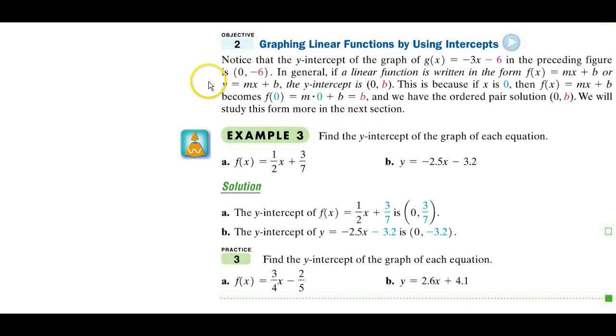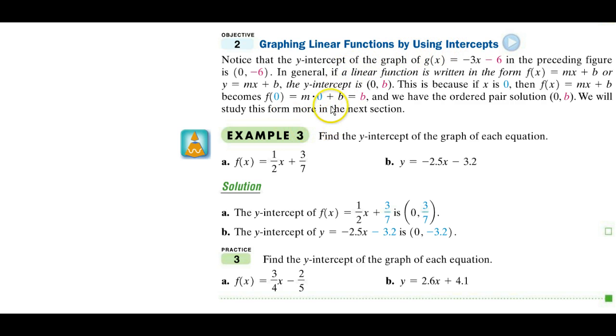So we've done some practice using the t-chart and getting points and plotting, but now we're going to look in more detail at this idea of using the intercepts. Again, the intercepts are where the line crosses the axes.